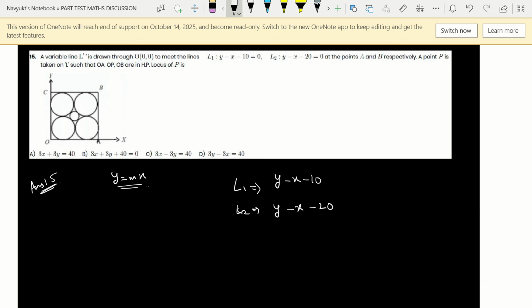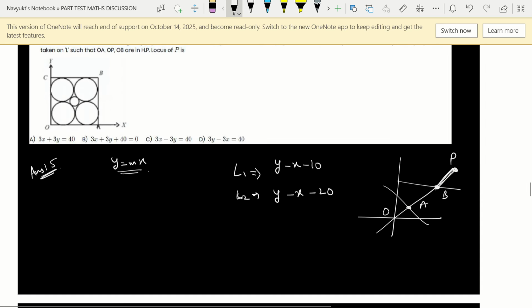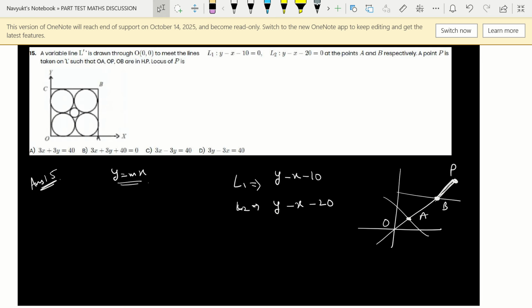So that line meets these lines at two points A and B. Let's say this is the line that meets these two lines at any two points A and B, which is O, this is A, this is B. The same point P is located on it. This is our L line only, passing through origin. On this there is a P point such that OA, OP and OB are in HP. Fine. Let's take that P point.